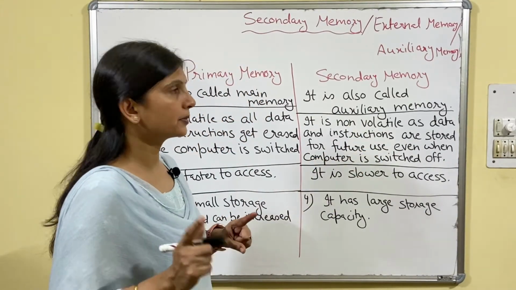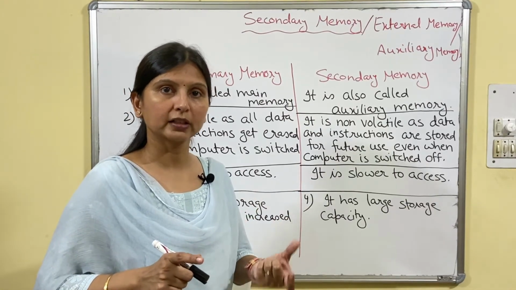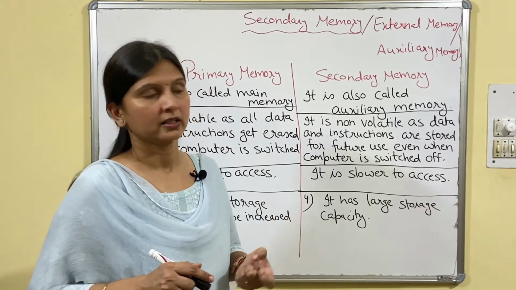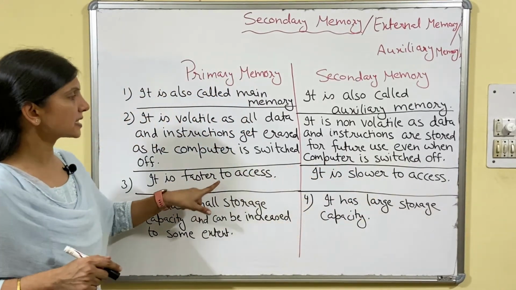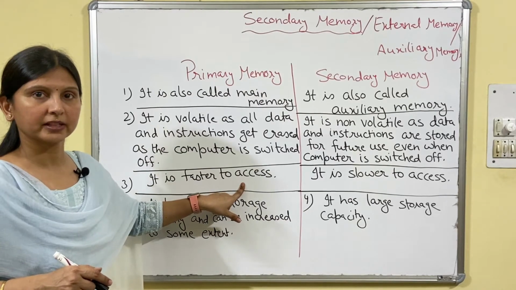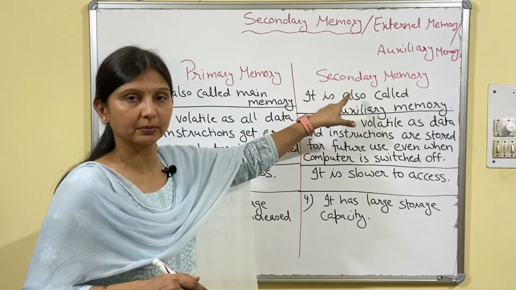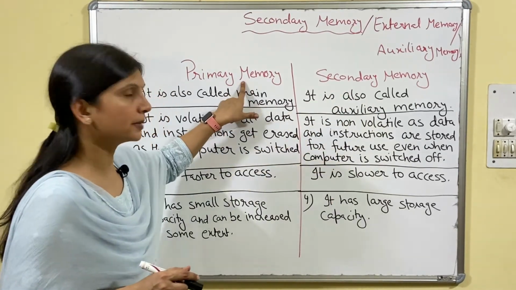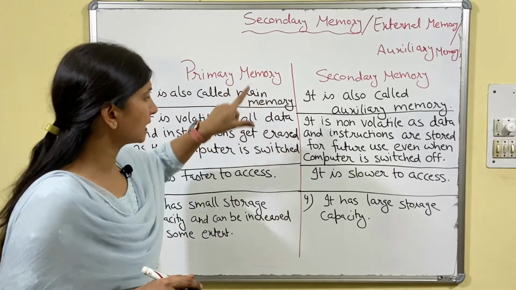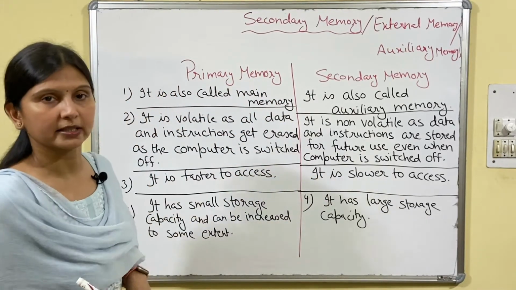Because secondary memory first sends the data to the primary memory, from where the CPU accesses it. So that's why it is slower to access and the primary is faster to access. The CPU cannot directly access the secondary memory.